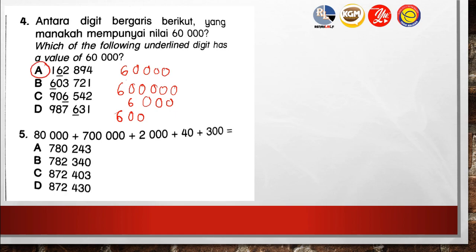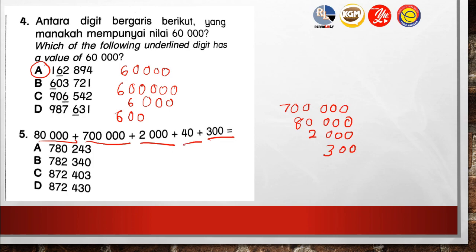Look at number 5. 80,000 plus 700,000 plus 2,000 plus 40 plus 300 equals which one? We write down the highest number first, that is 700,000, followed by 80,000, then 2,000, plus 300, plus 40.